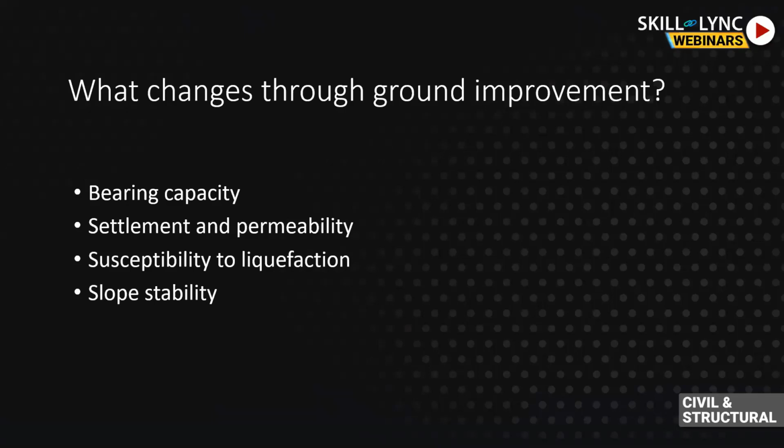And slope stability is yet another property that we want to improve through ground improvement to prevent landslides. We know landslides have been a major issue in Kerala and also in many parts of India during the rainy seasons. So we have to make sure the slopes are stable even when the water table rises, or even when the soil gets fully saturated, and this is ensured through ground improvement.